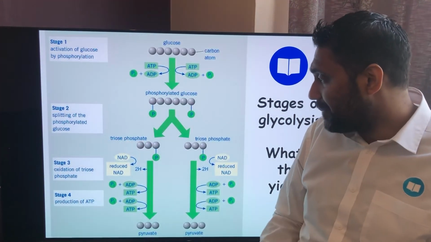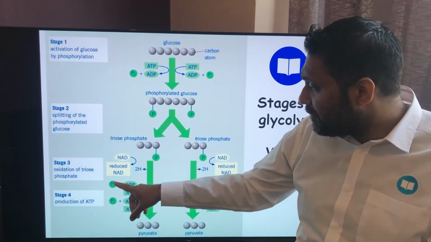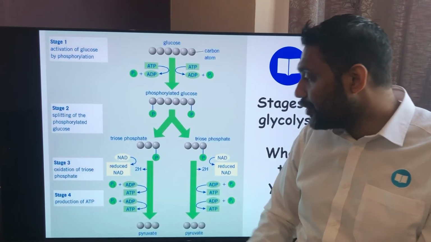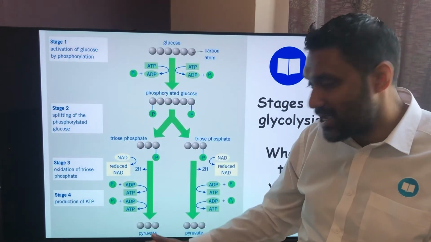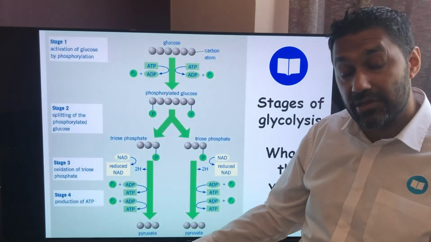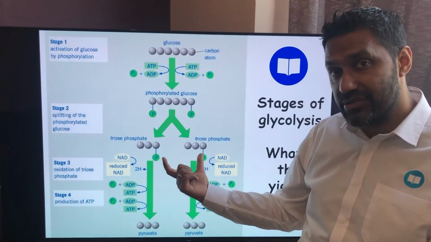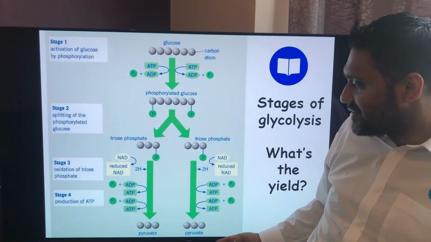But what also happens? This process then converts 2 ADPs into 2 ATPs down one side. But how many triose phosphates did I get? I got 2 triose phosphates. So therefore, everything that's happening on this side also happens down this side.